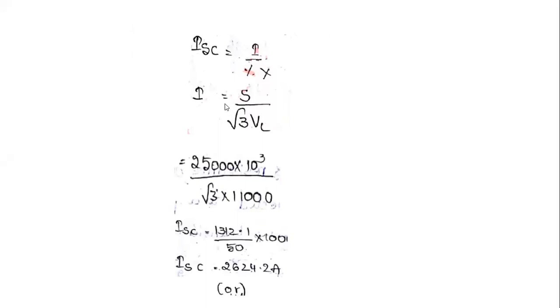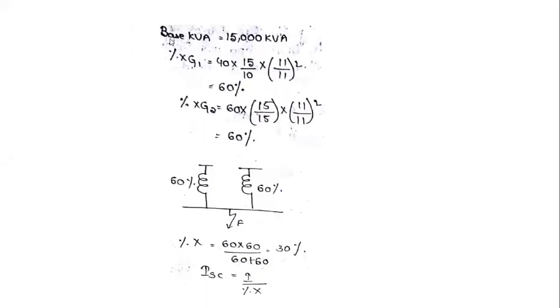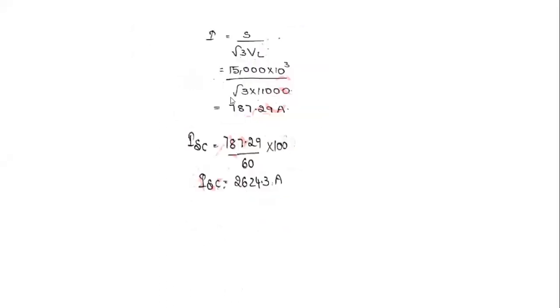In the previous case the power was 25 kVA because 25 was the base kVA. But in this case, the base kVA is 15,000, that's why S is equal to 15,000 kVA. Therefore 15,000 into 10 cube by root 3 into VL, 11 kilovolts, 11,000. It is 787.29.